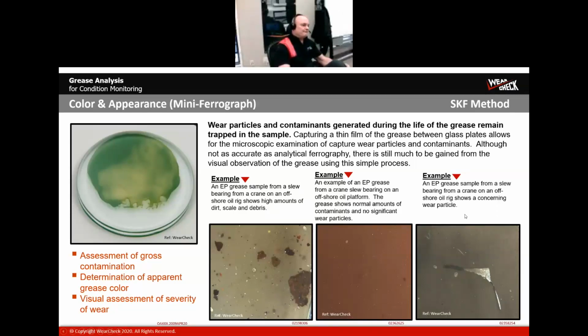I even kind of balk at calling it a mini ferrogram, but it certainly is a rapid test that we can do to help assess the wear debris and contaminants that are present in the grease. But you've got to use that with some caveats, which we'll see here.